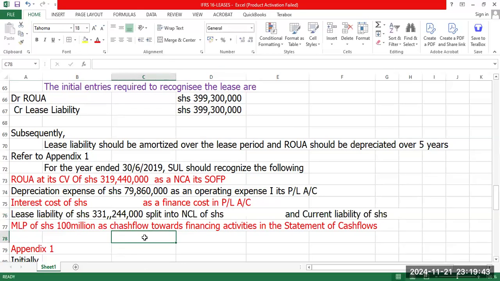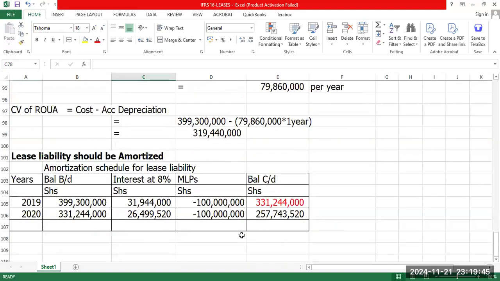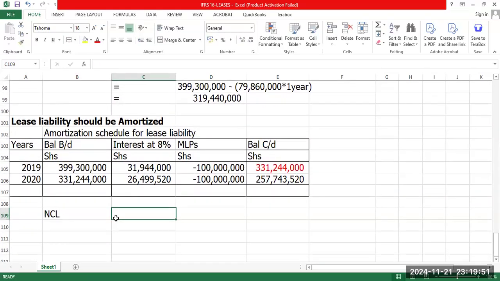We need to know what is non-current liability and what is current liability. The non-current liability is the liability of the next year, if you are handling payment in arrears.